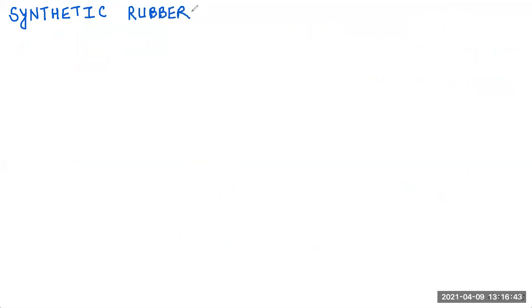Anyone knows how many types of rubber are there in this category? My dear, Buna S, Buna N, neoprene rubber, and butyl rubber.